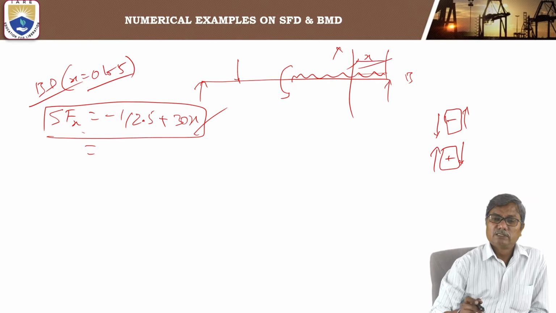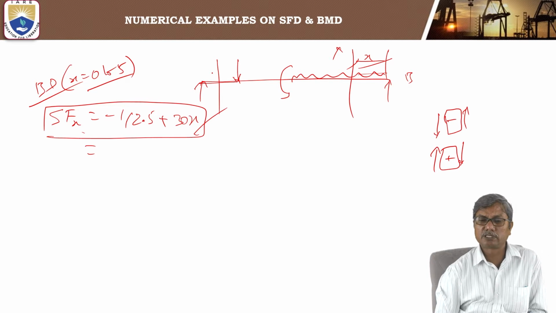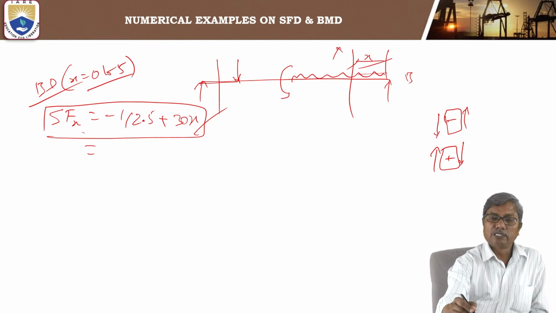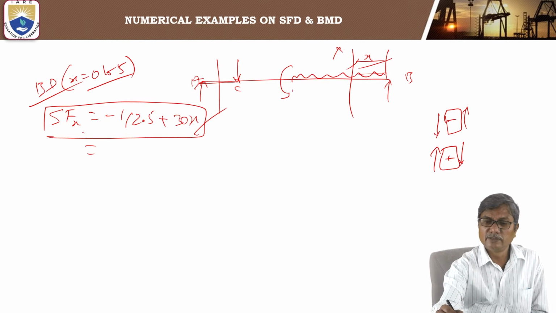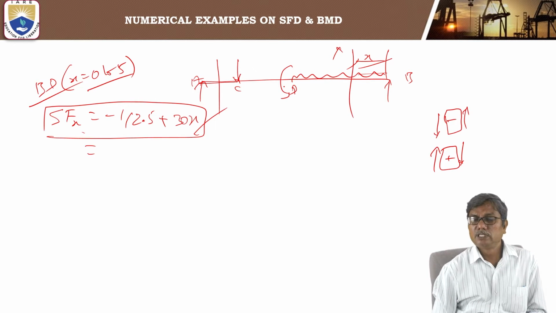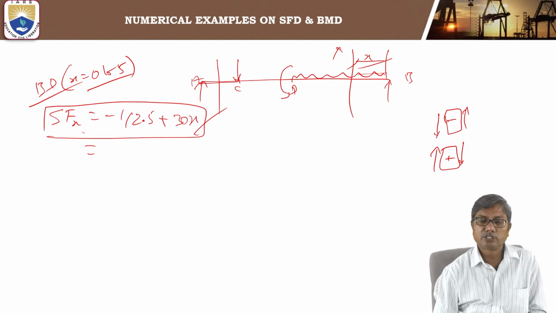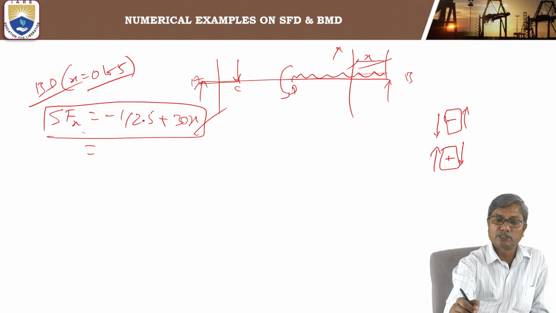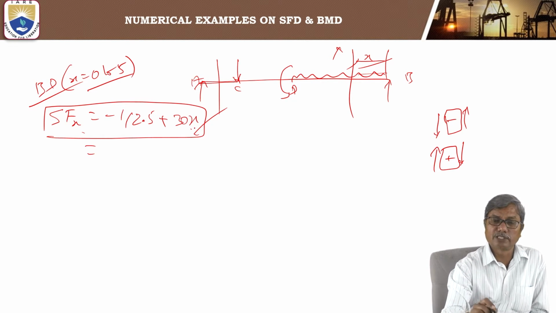There is no variation of shear force when there is no load; shear force remains constant, as we have seen between AC and CD. In portion BD, there is UDL acting, so the shear force varies linearly. This is the equation for shear force, and it depends on x now.